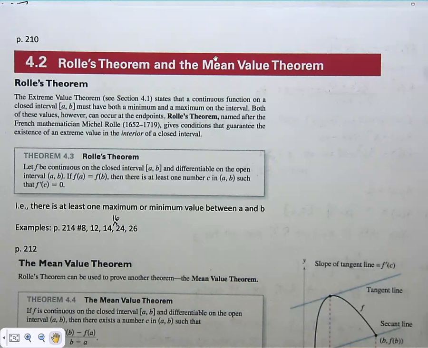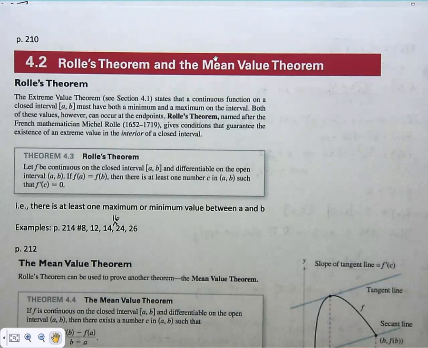Keep looking for it. These two theorems are not necessarily very useful for applications. It's not like we're going to do word problems later that use Rolle's theorem and the mean value theorem, but rather they are used in advanced calculus to prove everything else.